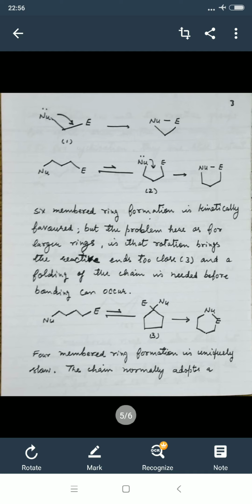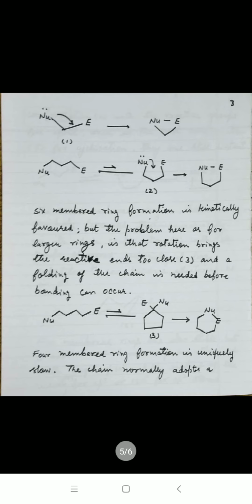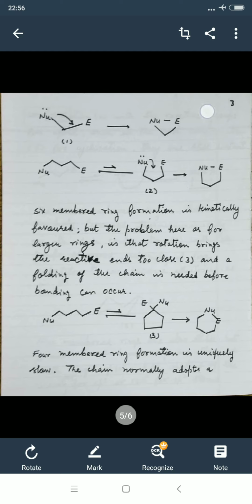The 6-membered ring formation is kinetically favored, but the problem here as for larger rings is that rotation brings the reactive molecule ends close, and unfolding of the chain is needed before the bonding can occur. So you can see this is an easy formation as compared to this.